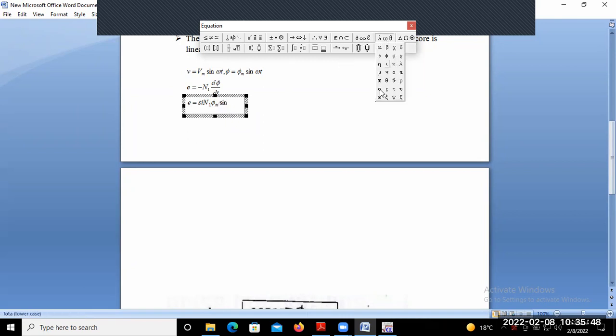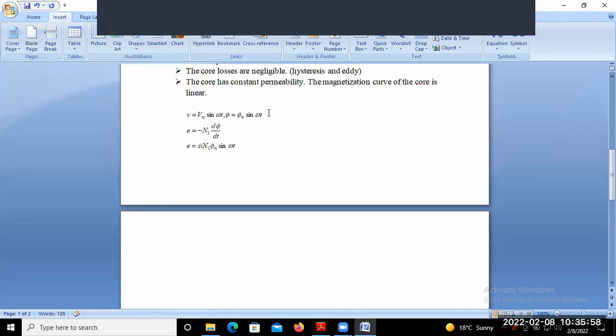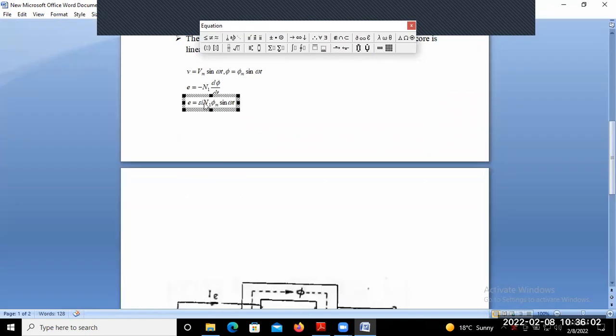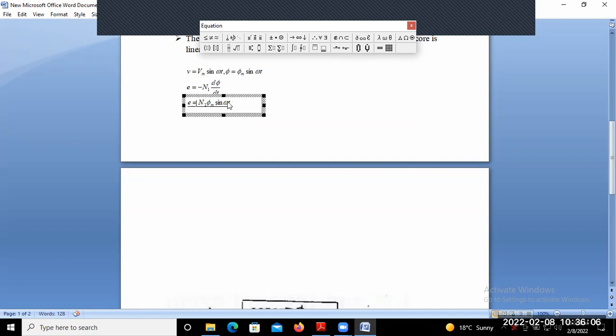What is the maximum value of this voltage? N1 phi m omega.